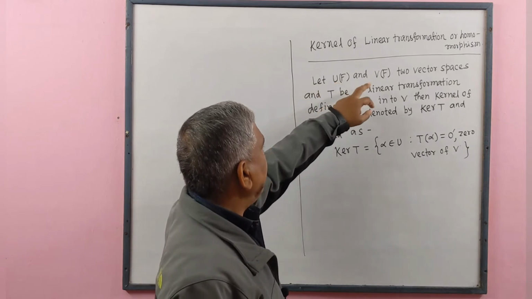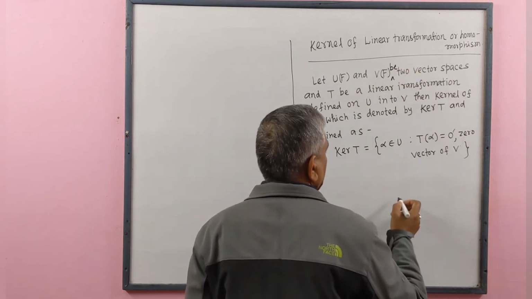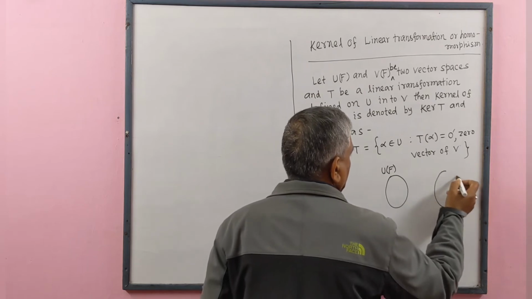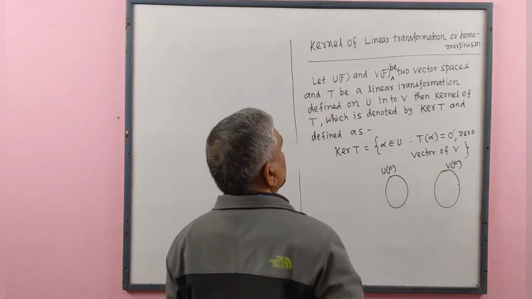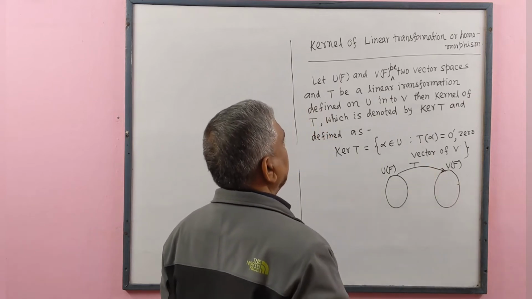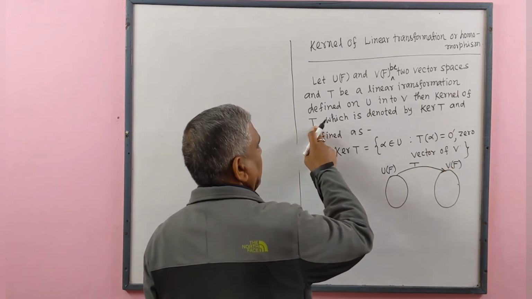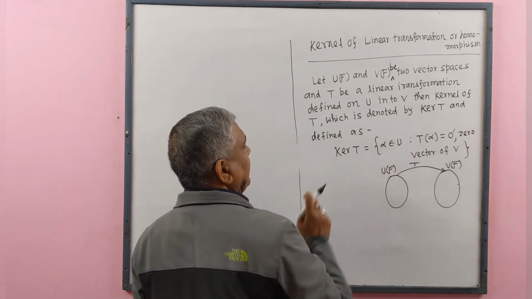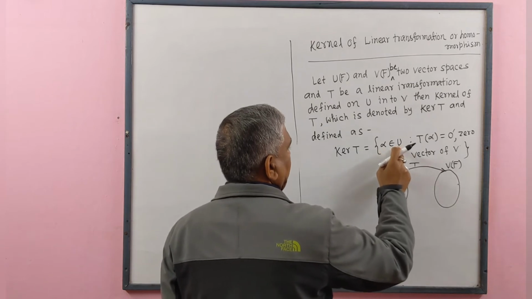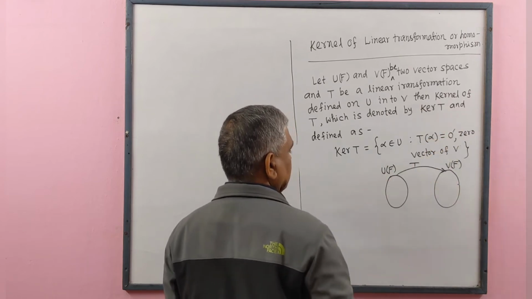Let UF and VF be two vector spaces, and T be a linear transformation defined on U into V. Then the kernel of T, which is denoted by ker T, is defined as ker T equal to the set containing elements alpha of U such that T alpha equals 0 prime, meaning the zero vector of V.